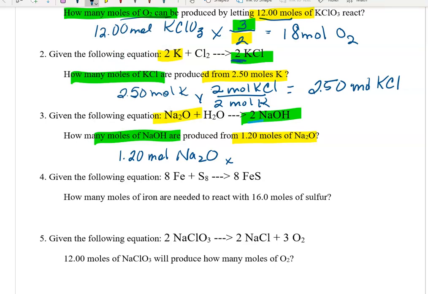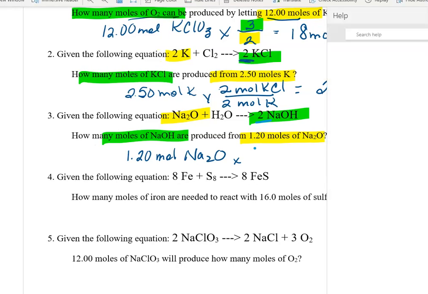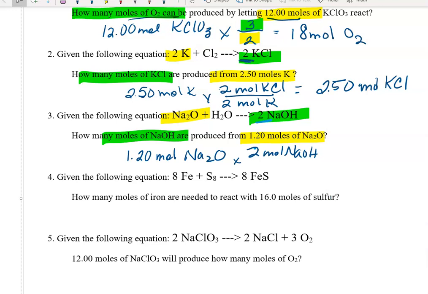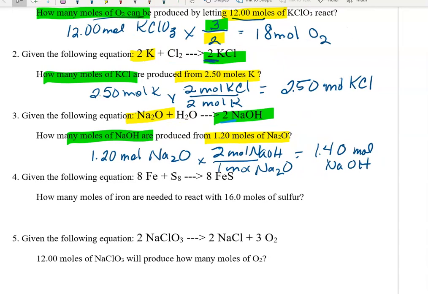So unknown is 2 NaOH over 1 mole of Na2O. So that would be 2.40 moles of NaOH that we would form if we start out with 1.20 moles of sodium oxide.